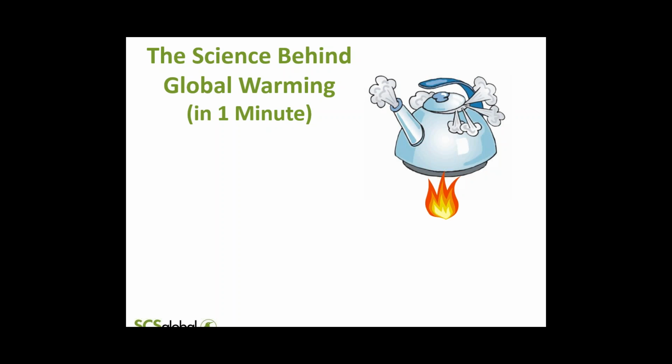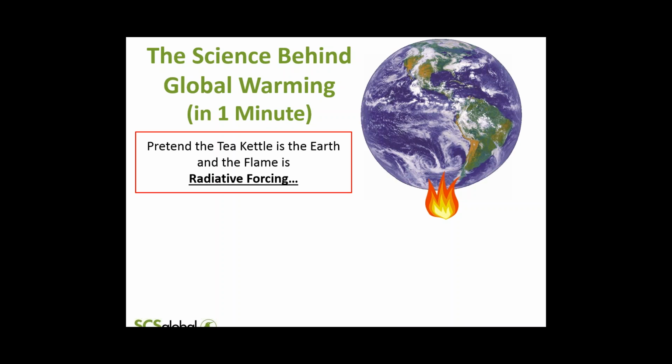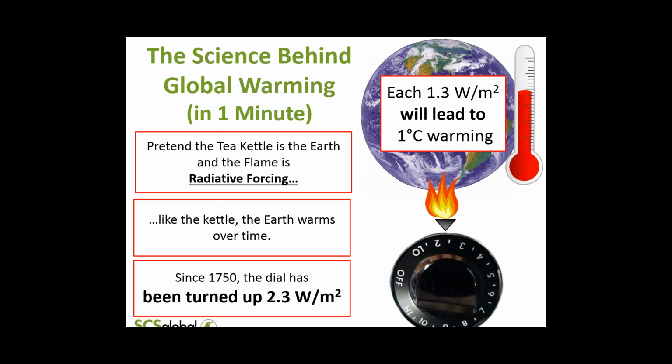Scientists have measured that in watts per meter squared. It basically speaks to the term. The prediction is that about 1.3 watts per meter squared will lead to about 1 degree Celsius of warming.